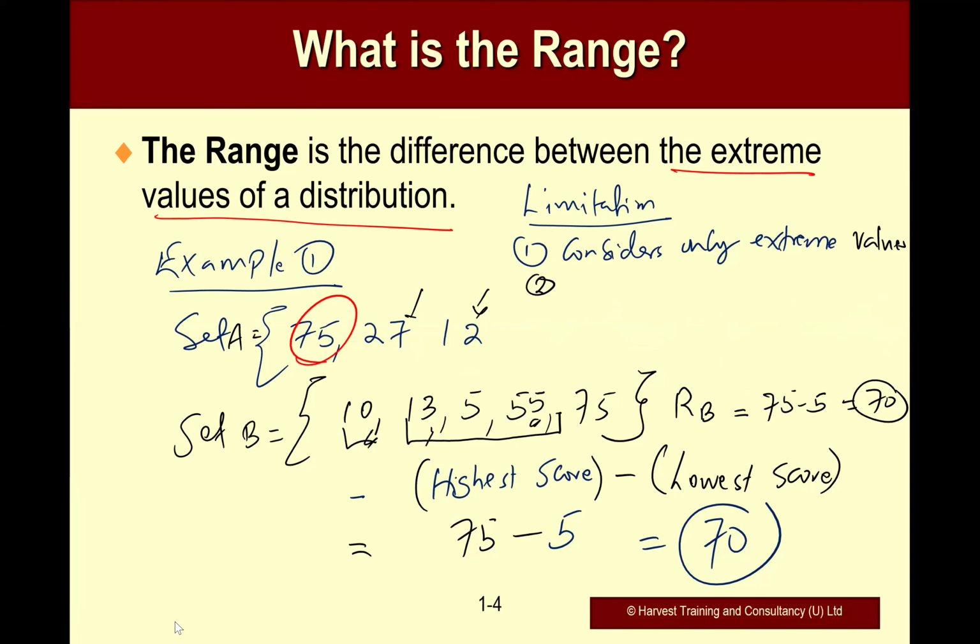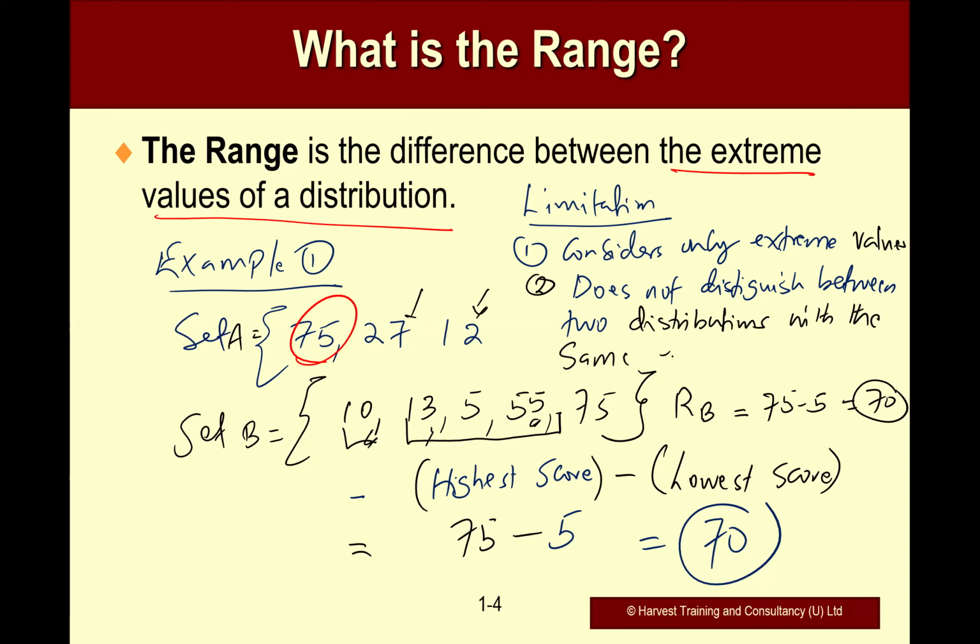So you can also write that one in your books. It does not distinguish between two sets, or you can say distributions, two distributions. A set is a distribution. Two distributions with the same extreme values.